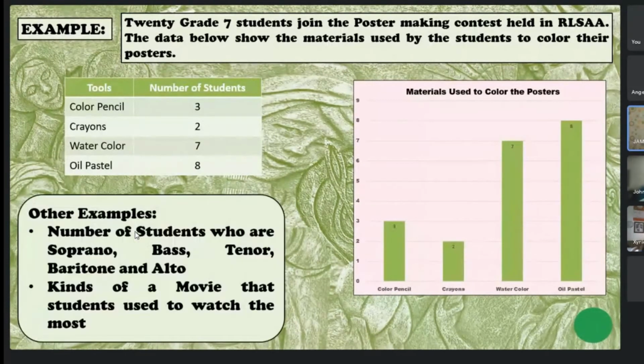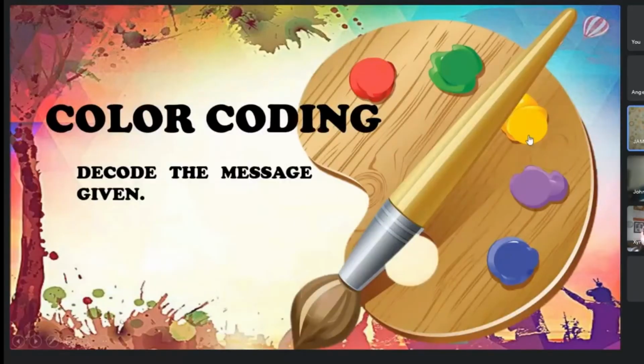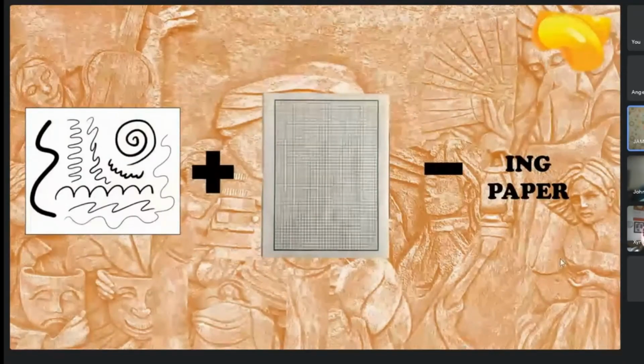So this is what a bar graph looks like. We can also use a bar graph if we want to present the number of students who are soprano, bass, tenor, baritone, and alto, and if we want to present also the kinds of movies that students watch the most. Next, let's proceed to our third type of graph.